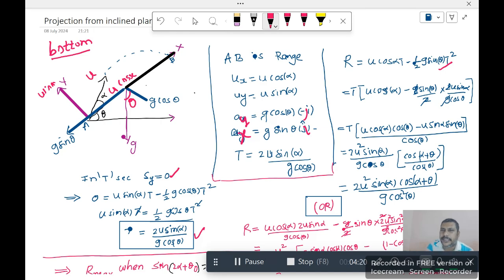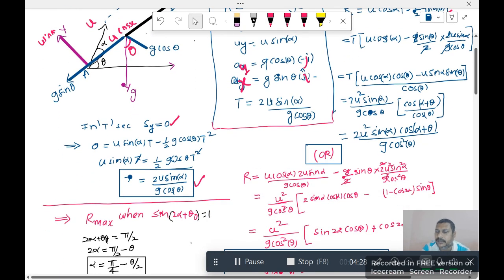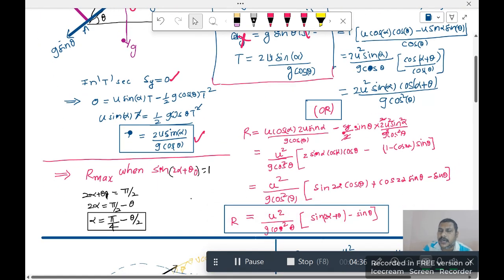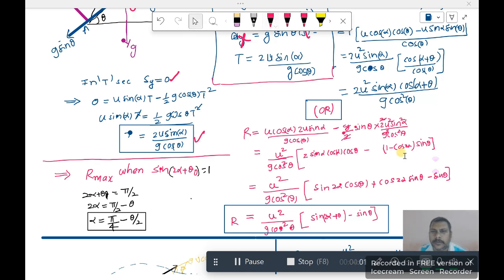Now take t common, substitute, and finally we will get 2u square sin alpha cos alpha by g cos square theta. But I am changing this formula like this. R is equal to, substituting the t value, u cos alpha times 2u sin alpha by g cos theta minus half of ax into t square, means g sin theta by 2 times 4u square sin square alpha by g square cos square theta, because t is equal to 2u sin alpha by g cos theta.